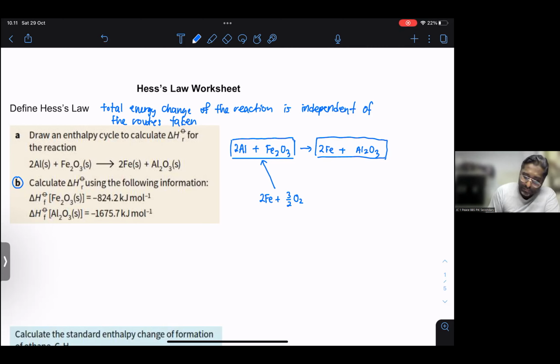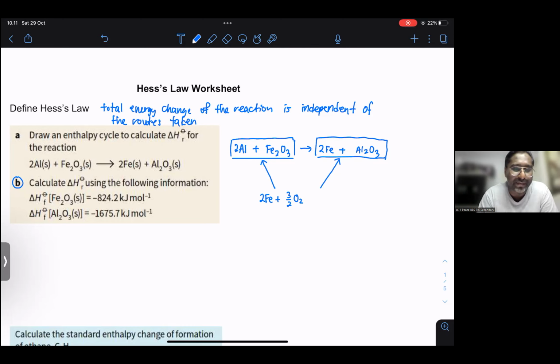Now let's look at this part over here. Let's try to connect. In order to form the product, which is going to be Fe, you don't need to form Fe because it's an element. But what you notice is there are two Fe. They will give you two Fe; I'm not going to add anything over there.